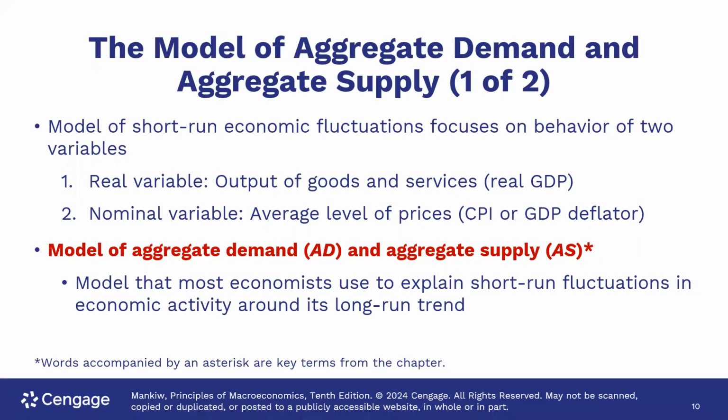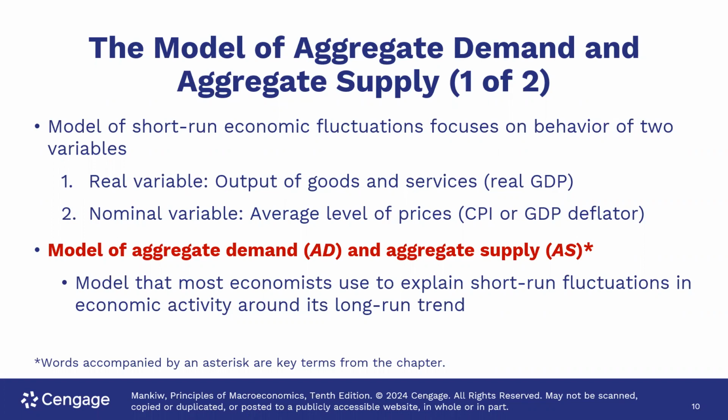So we consider a model of aggregate demand and aggregate supply to explain what actually happened in the macroeconomy. This model is also short for the AD-AS model, right?